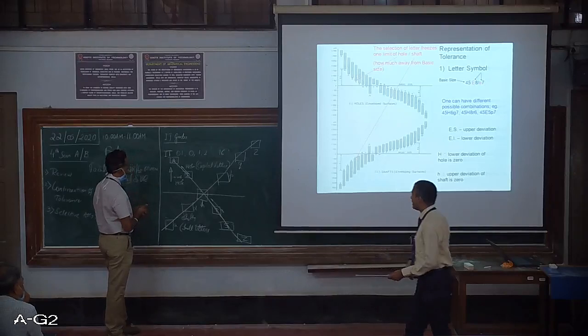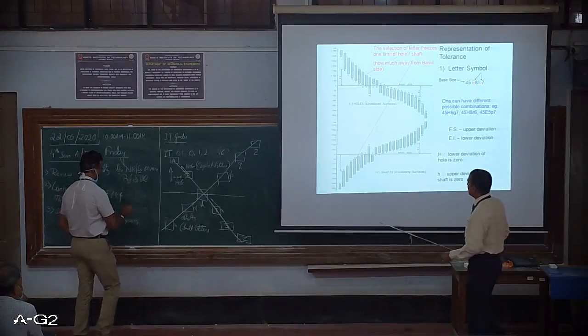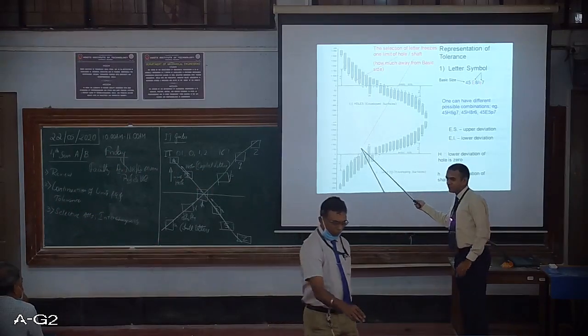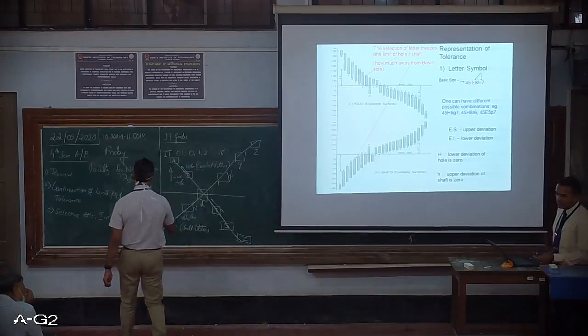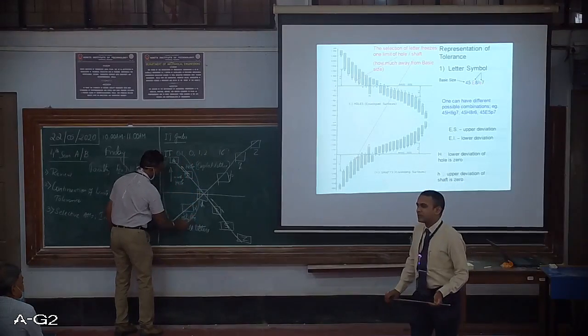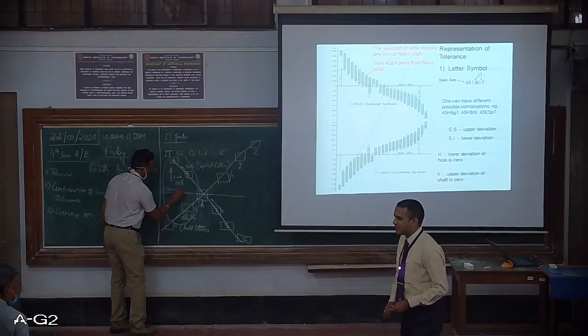Yes, after J it will be interference fit. So transition fit will usually be somewhere in between, H, JS, etc. So sir will discuss some examples with respect to interference fits at the end of this class.